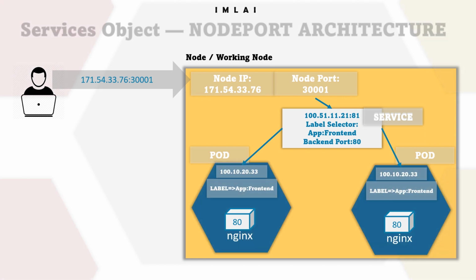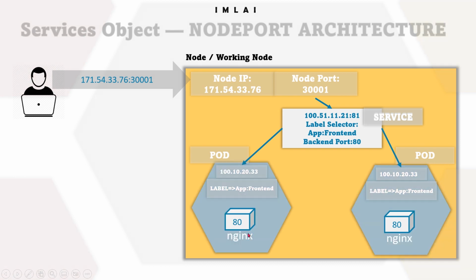So pod will have a label and pod will have an IP address, and of course the container running inside that will also have an IP address. So the Nginx container is running on both the pods, one container per pod, and it's exposed on port 80. So pod has an IP address and a port number to access it, and has a label too.